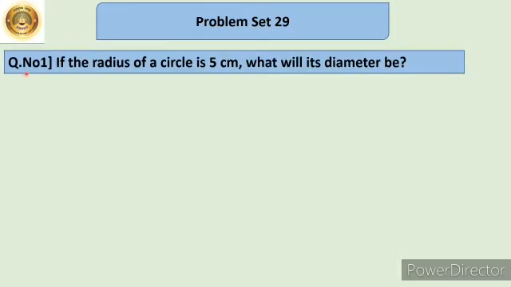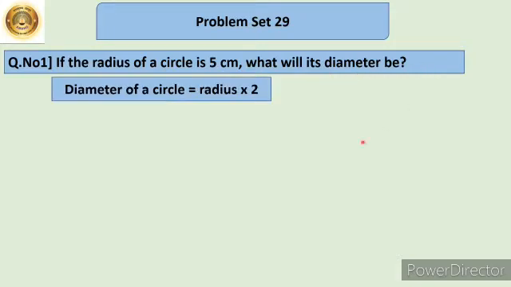Let's continue with problem set 29. Question number 1. If the radius of a circle is 5 cm, what will its diameter be? Diameter of a circle is equal to radius multiplied by 2. So this is the formula to find out diameter.